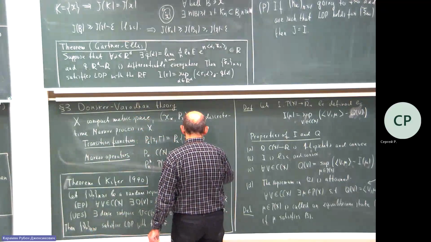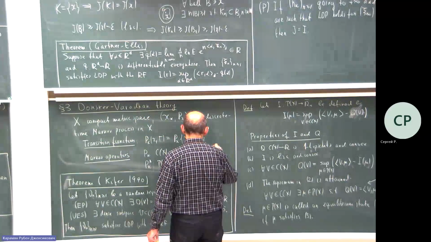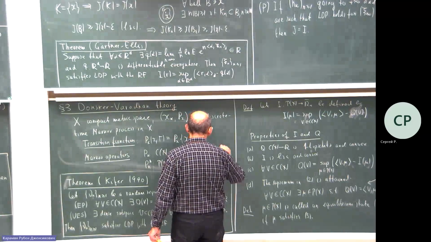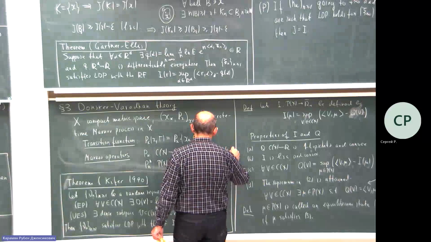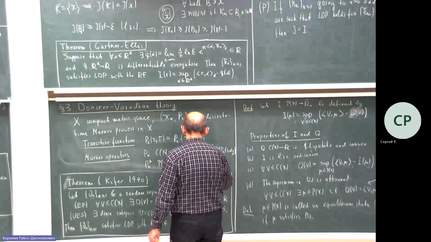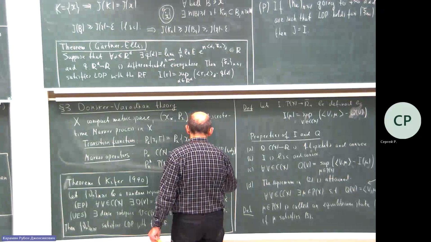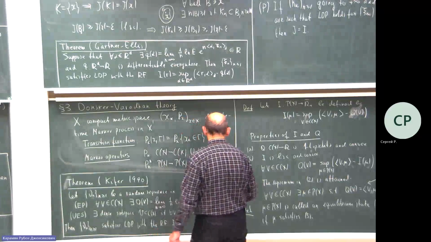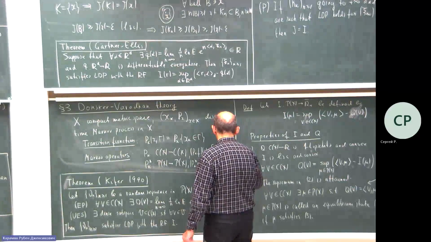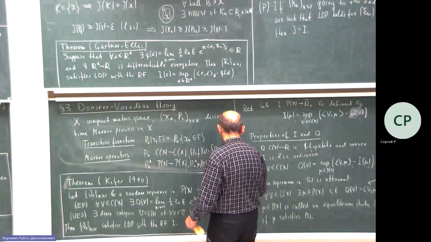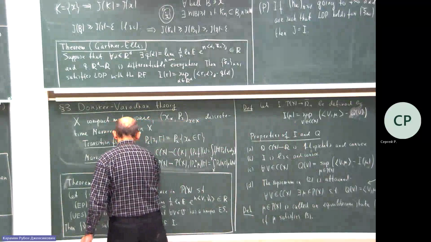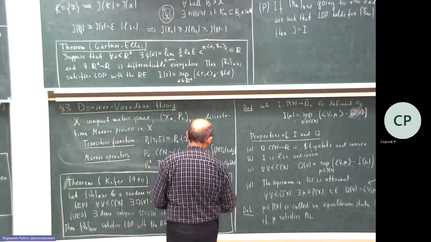So P_k f at the point x is the integral over X of f(y) P_k(x, dy), and P_k star mu on a set gamma is the integral over X of P_k(x, gamma) mu(dx). Just the usual definition of Markov transition function and Markov operators.